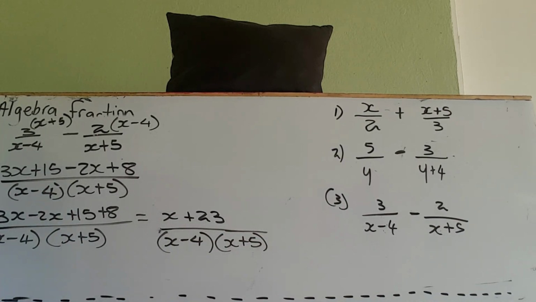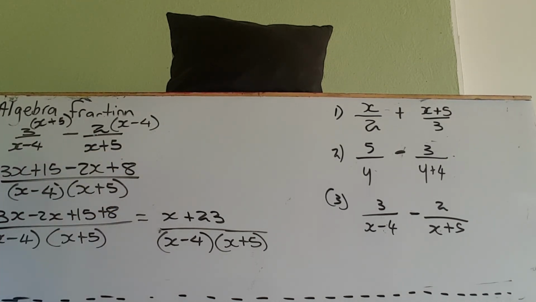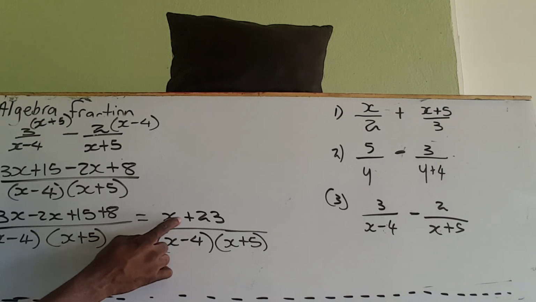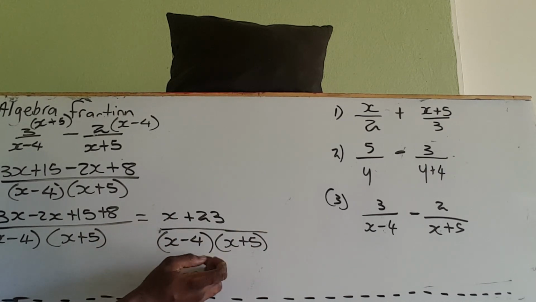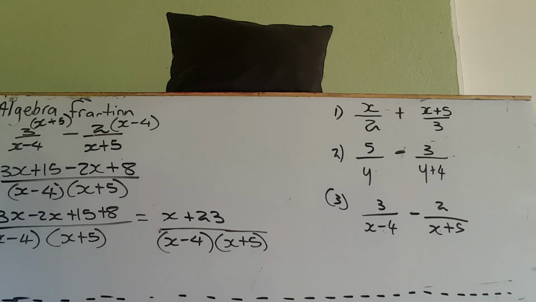So there we'll have it. 3 divided by x minus 4 minus 2 all over x plus 5 as a single fraction is x plus 23 all over x minus 4 multiplied by x plus 5. Alright, there you go. Thank you for watching.